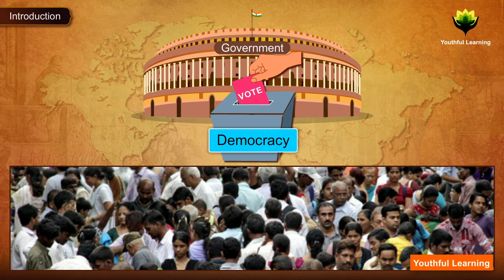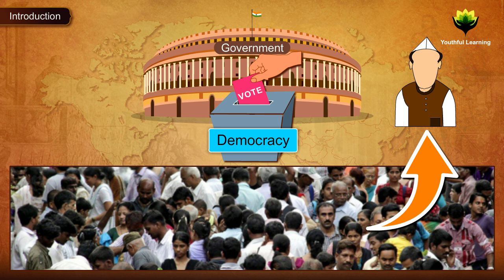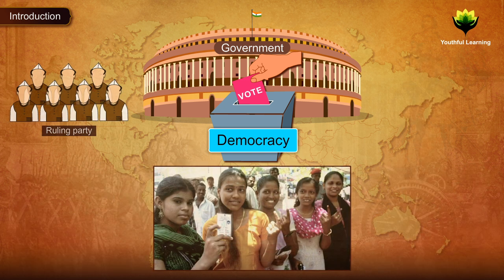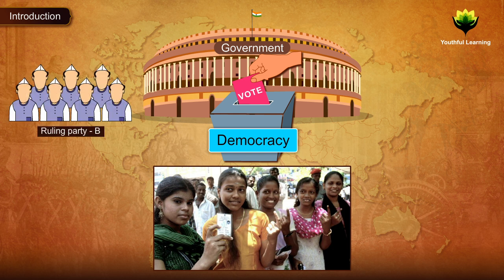Democracy empowers the citizens of a country by giving them the opportunity to elect their rulers. Elections are held at regular intervals, thus people have the opportunity to change the government in the next elections if it does not perform well.